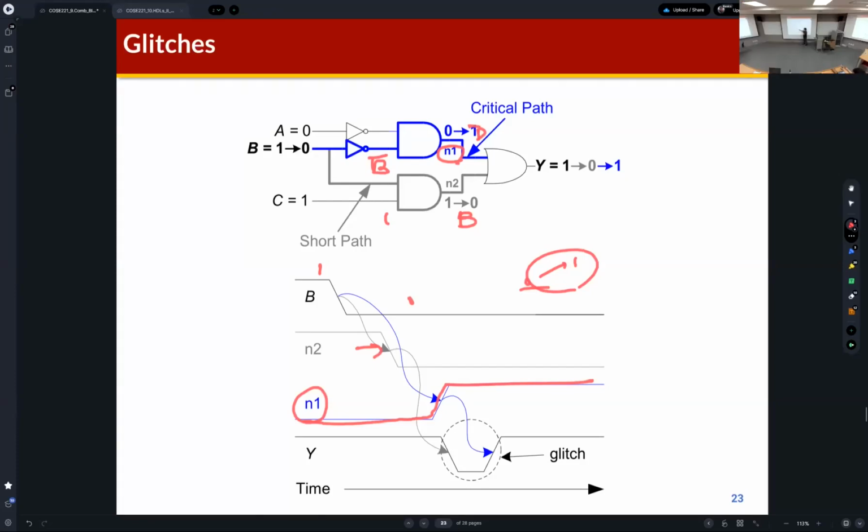So this is the waveform, and this is the waveform. And then until this time, N1 is 0 and N2 is 1, right? So which means that this Y is 1, right? But after some delay.